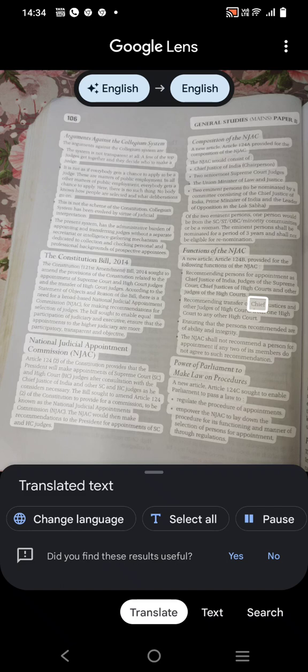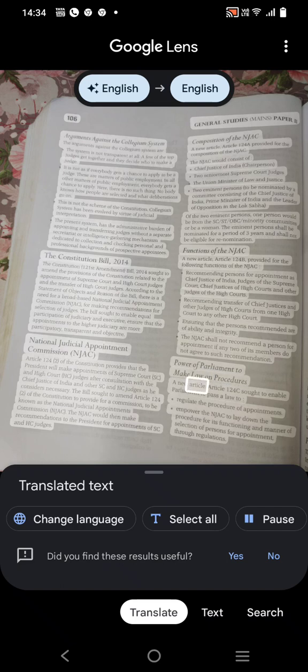Recommending transfer of Chief Justices and other Judges of High Courts from one High Court to any other High Court. Ensuring that the persons recommended are of ability and integrity. The NJAC shall not recommend a person for appointment if any two of its members do not agree to such recommendation.